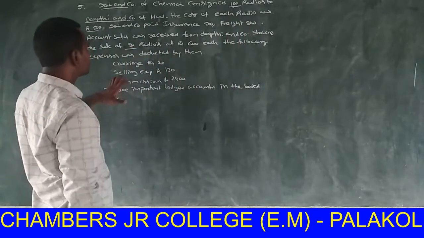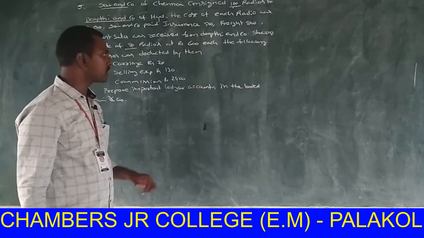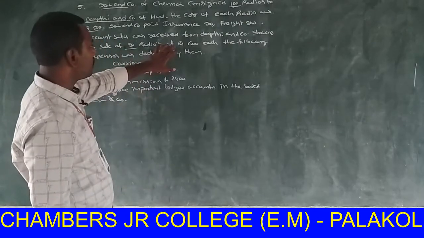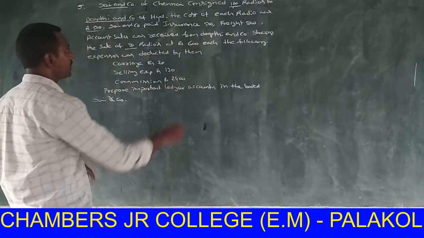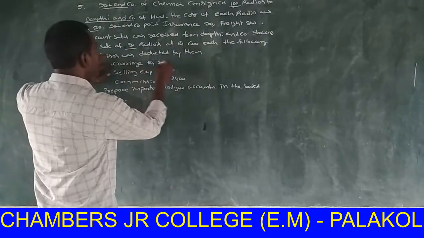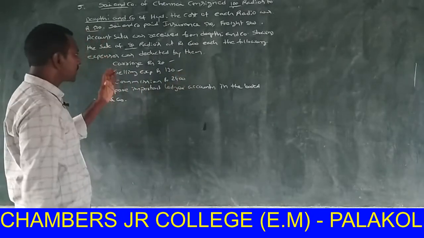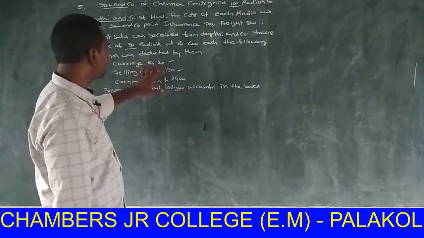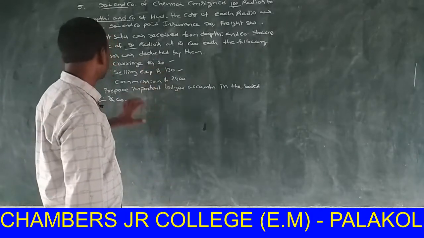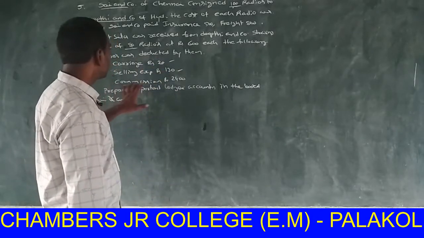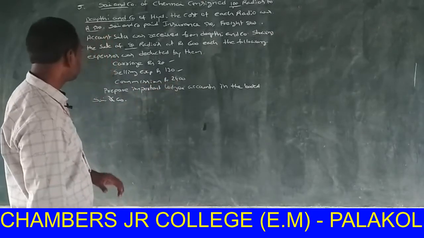The consignee sold 80 radios, remaining 20 is closing stock. The following expenses were deducted by them: carriage 20 rupees, selling expenses 130. Total consignee expenses 150. Commission 2,400.